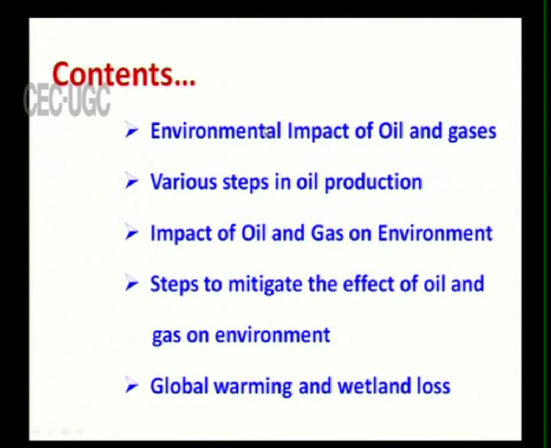The major contents that we will discuss: the environmental impact of oil and gases, the various steps in oil production, the impact of oil and gas on environment, steps to mitigate the effect of oil and gas on environment, and global warming and wetland loss.